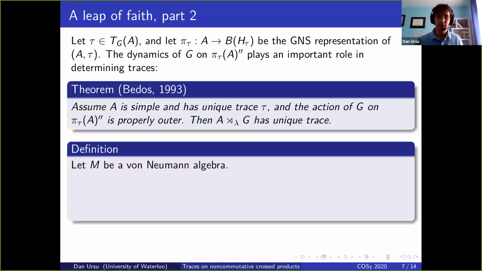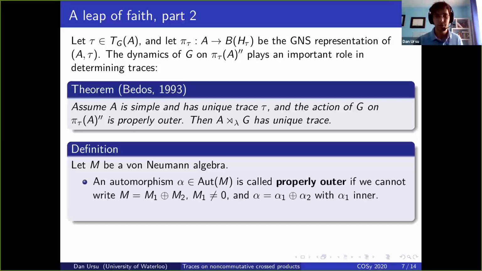But anyways, I should explain a little bit, what does properly outer mean exactly? Well, remember that outer just means not inner. So properly outer should be some kind of really strongly not inner. So here's the definition.